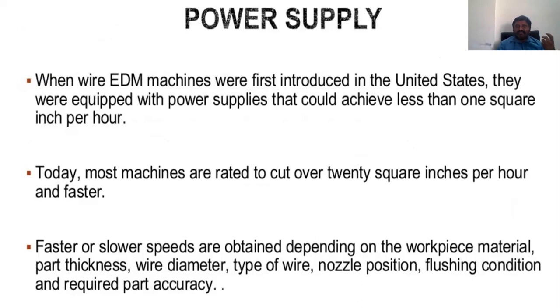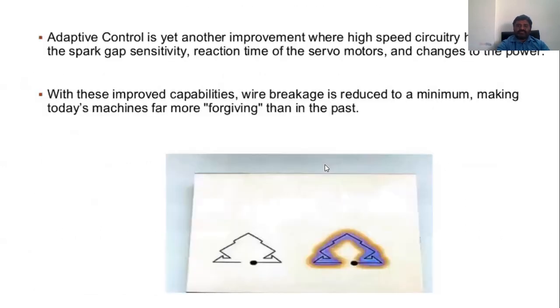That is a very important point, and it depends upon the wire diameter, the type of wire we are using, and the position of the nozzle. With less power we can also get a good surface finish and accuracy. Okay, after the machining process also, that's the beauty of this one here.